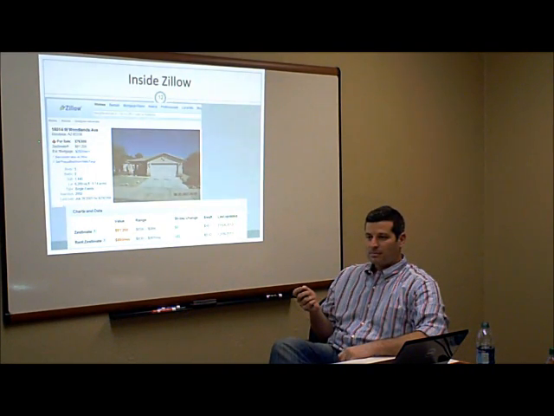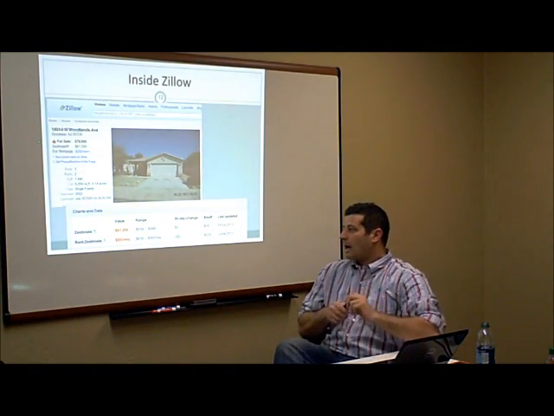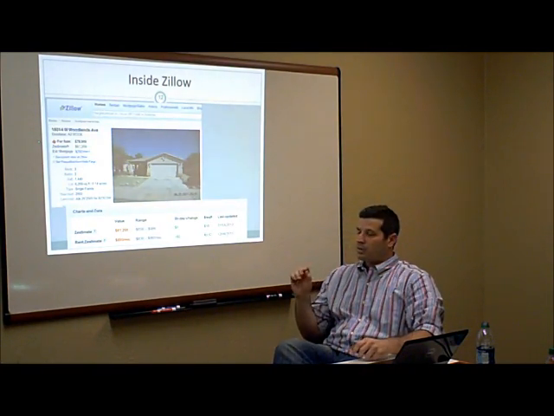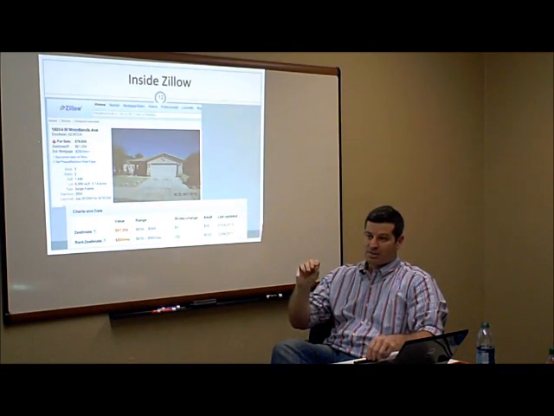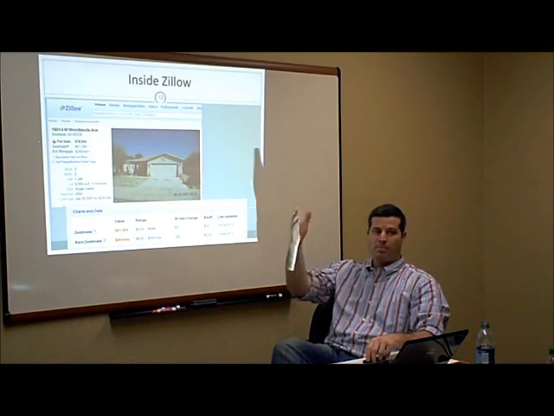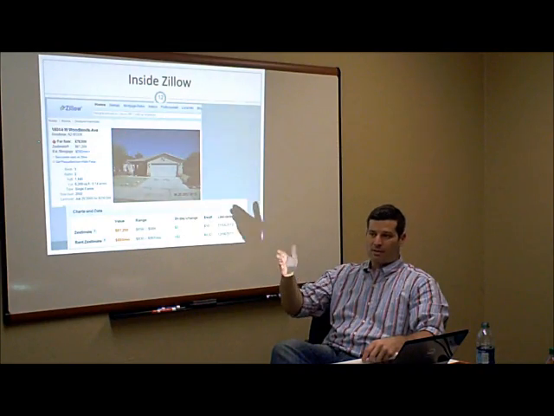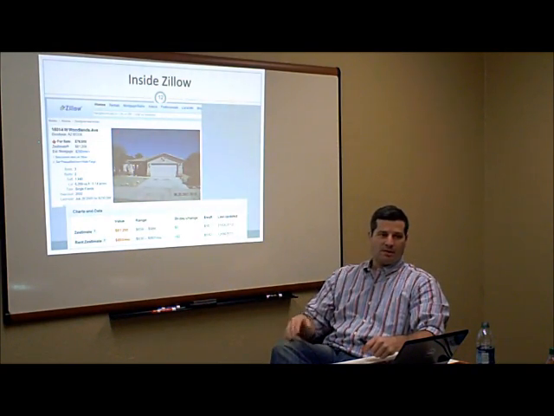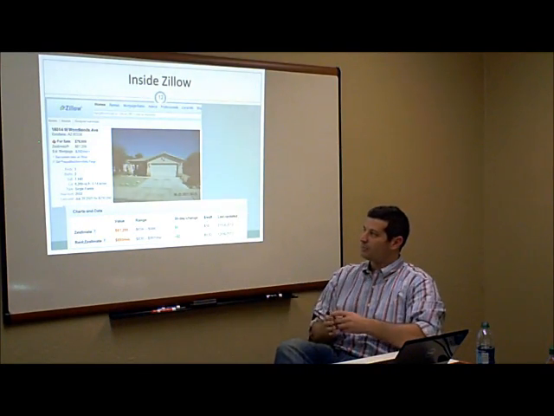How does the range work? Is it a certain standard deviation they're using? As much as I can tell, I don't know for a fact, but as much as I know, Zillow does comparables. They pull up, let's say, 10 other listings in the area, both for rent and for sale. They take the price per square foot average and multiply it by the square footage of this house.